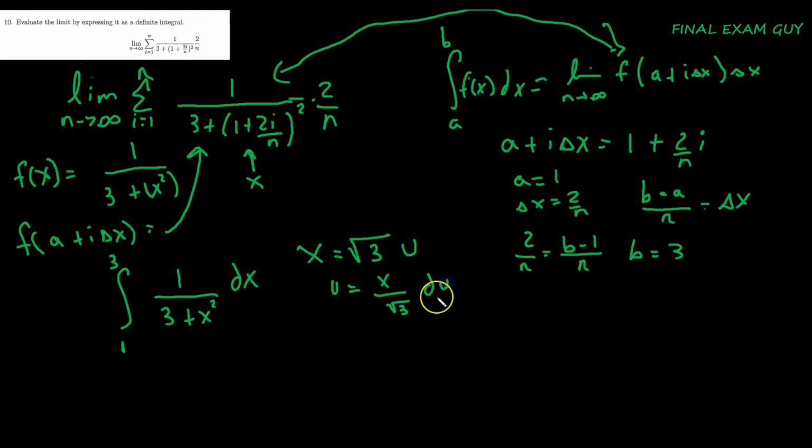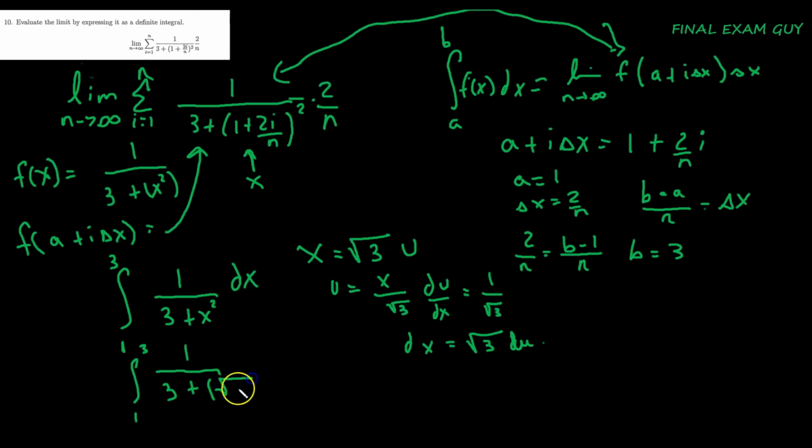du dx, the derivative of u with respect to x, is 1 over root 3. So that means dx is equal to root 3 du. If I go ahead and start plugging stuff in, I'll get the integral from 0 to 1 of 1 over 3 plus brackets root 3 u squared, and multiply by dx, which is root 3 du.